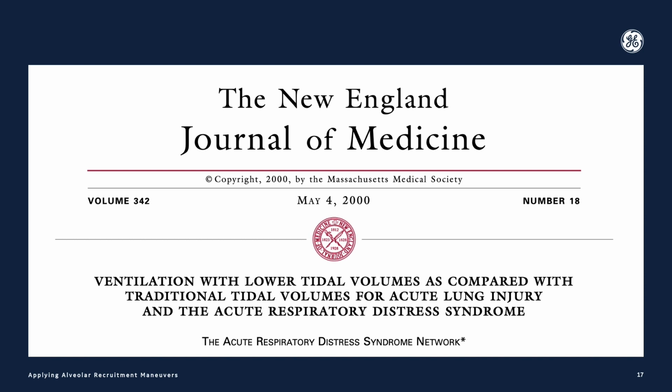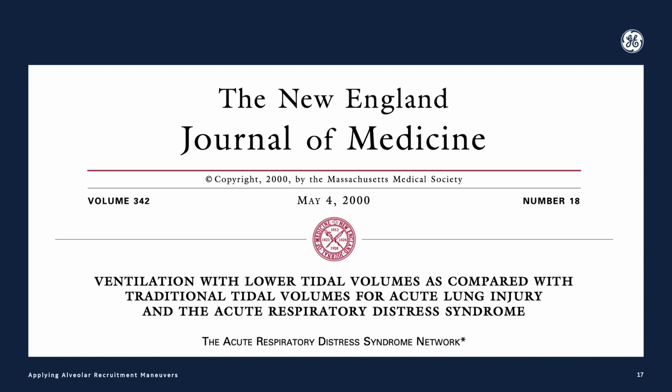In this study, they compared traditional mechanical ventilation in ARDS patients of 12 mLs per kilogram, targeting a plateau pressure of 45 to 50 centimeters of water, versus the intervention group, or low tidal volume group, which received tidal volumes of 6 mLs per kilogram and a targeted plateau pressure of 25 to 30 centimeters of water.